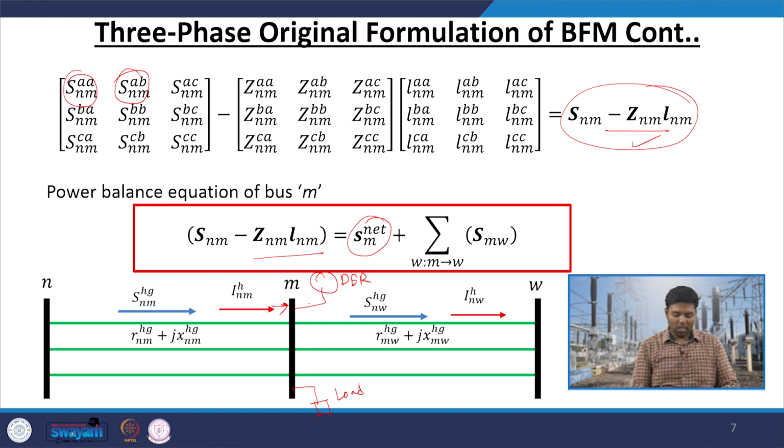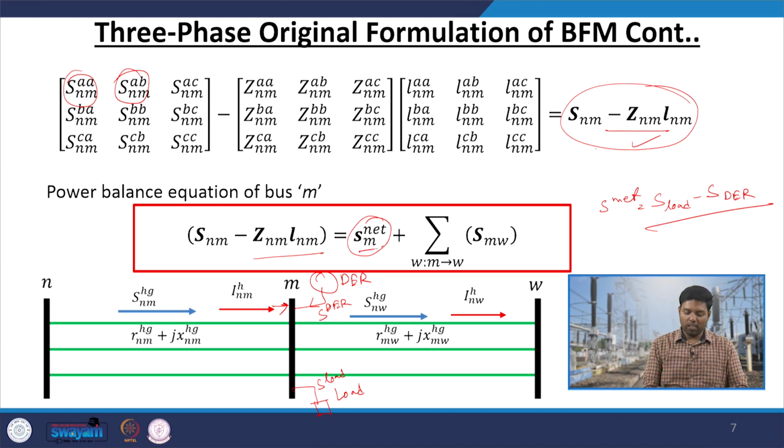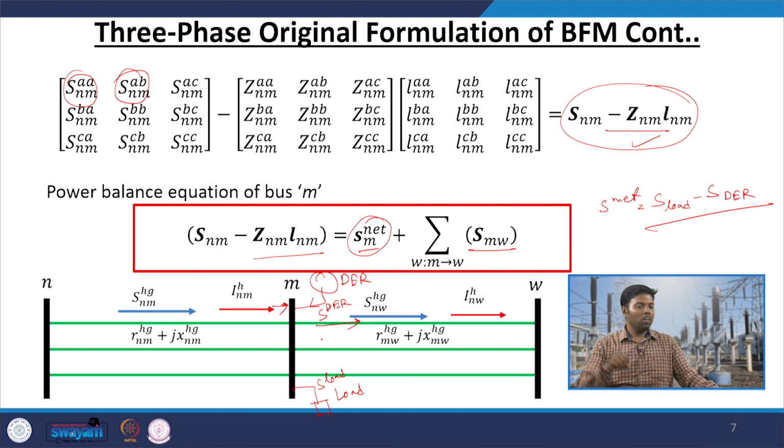If it is sending S DER and consuming S load, then your S net is S load minus S DER. This is your net value, and then the power you are giving as outgoing to your next or neighborhood buses. So, this is your power balance equation.